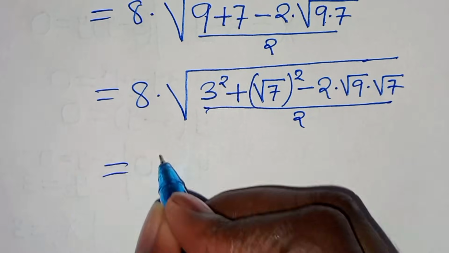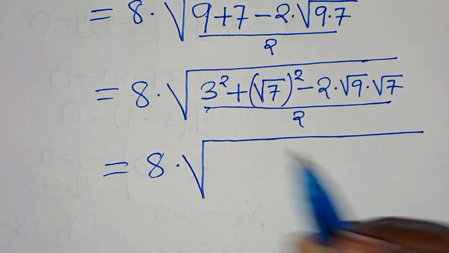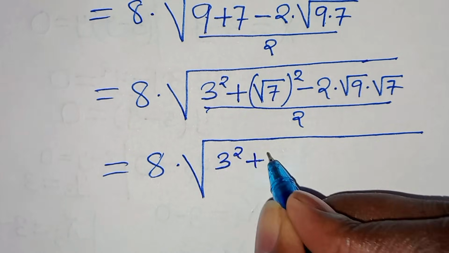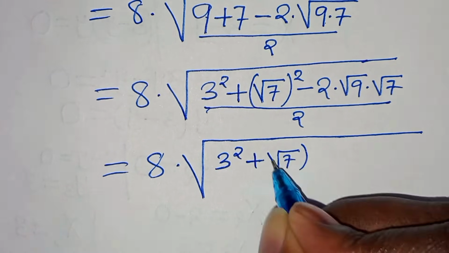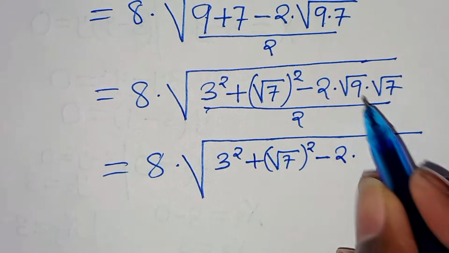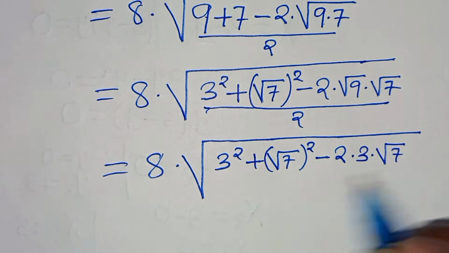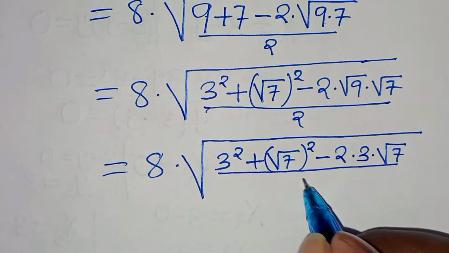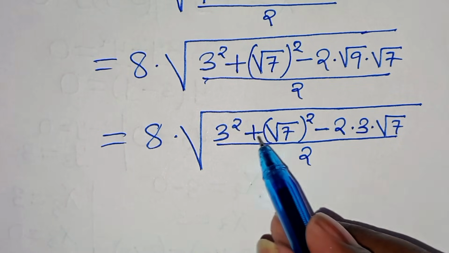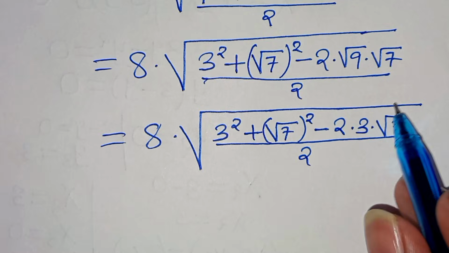Now, this is 8 multiplied by square root of, now we have 3 to the power of 2 plus square root of 7 raised to the power of 2, then subtract 2 times square root of 9, this is 3, then times square root of 7, everything here, divided by 2. Now, we have that 3 squared plus square root of 7 to the power of 2 minus 2 times 3 times square root of 7.